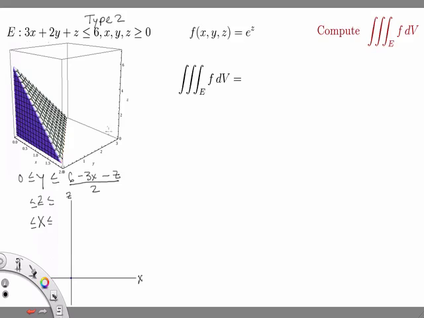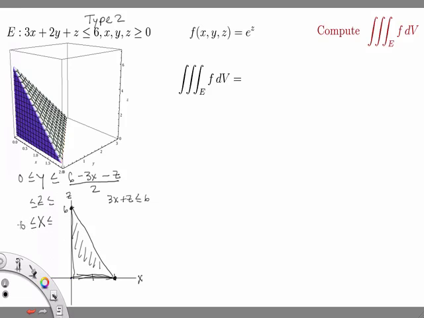I get 3x plus z is less than or equal to 6. So the boundary is 3x plus z equals 6. So at x equals 0, z equals 6, and when z equals 0, x equals 2. And so I get this triangle, and of course I have x equals 0 and z equals 0. So that's this triangular region that's shown right here.